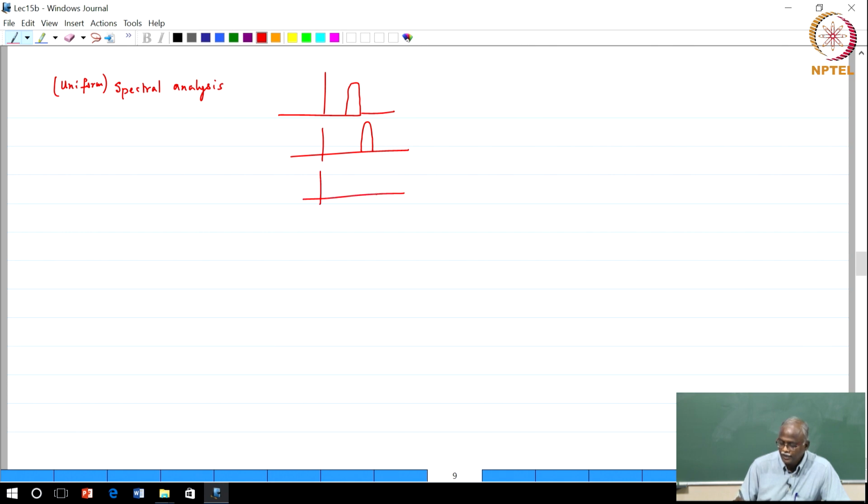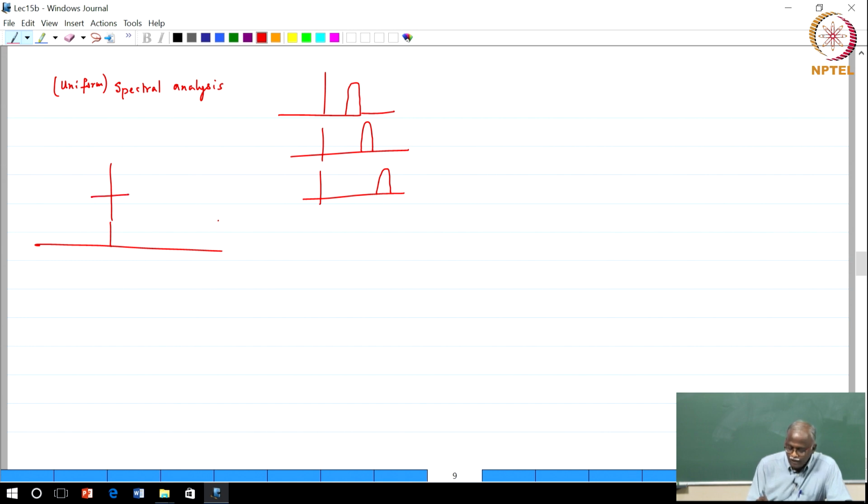Okay. So basically, tell me what you get as the output. So you look at filters which are uniform in bandwidth and pass your signal through that and get the output. When you look at it in the context of a filter bank, these filters are not independent, they are actually related to each other. So that is what I want to bring in as the next concept for us.